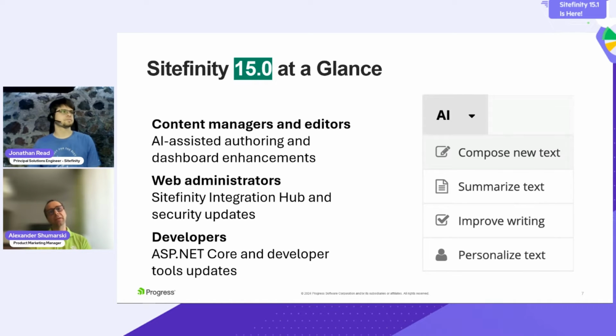But for the web administrator, the Sitefinity Integration Hub is also something that Jonathan mentioned, because it enables me as an end user to leverage data that might be sitting in different systems, different silos, customer data that has been previously unavailable to me. It's easy to set up. It's easy to make use of it. And it's really low code, no code platforms. Absolutely, yeah. And last but not least, the ASP.NET Core and developer tool updates. There's plenty of those. I know that Jonathan loves to talk about those.